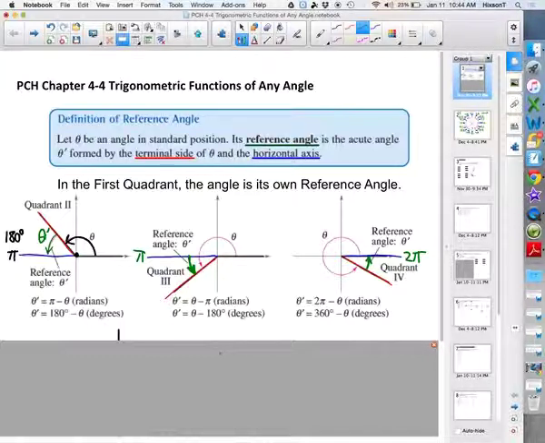I need the angle in between here. Well, this would be 2 pi, so I've got to subtract and find out what the difference is. If you try to just memorize rules, a lot of times you're going to end up making silly mistakes. Another thing to help you is always give yourself a quick sketch of where it is.